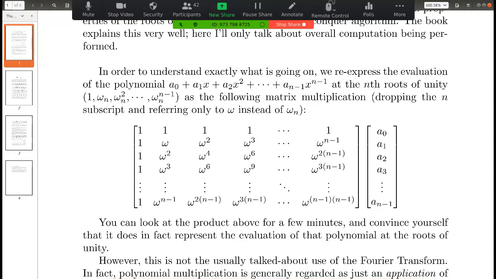If you like the linear algebraic way of looking at it, if you just invert all these things, you'll get the inverse matrix. That's because these are all complex numbers with absolute value 1, and the matrix is symmetric.